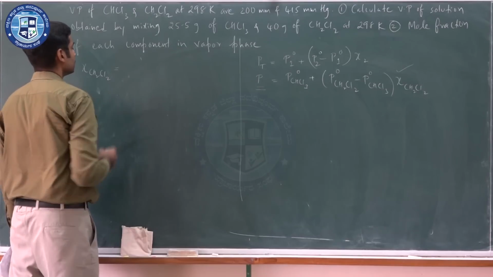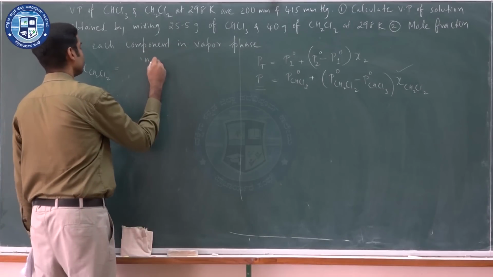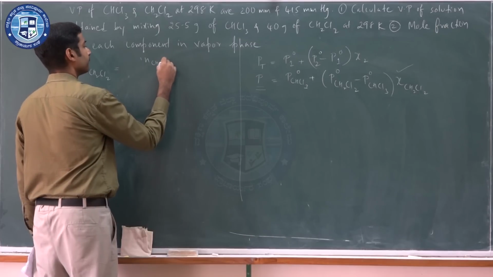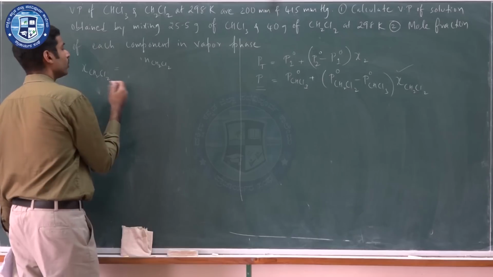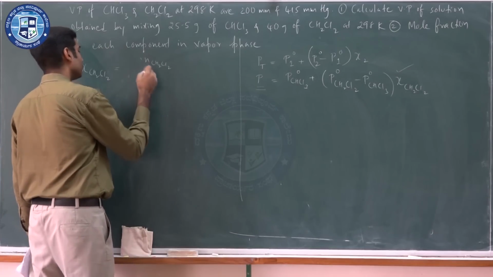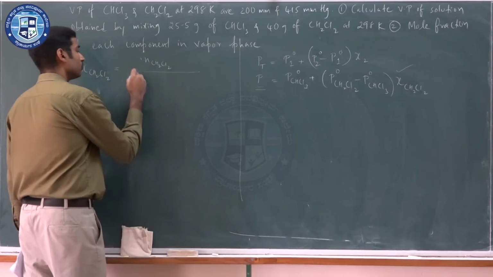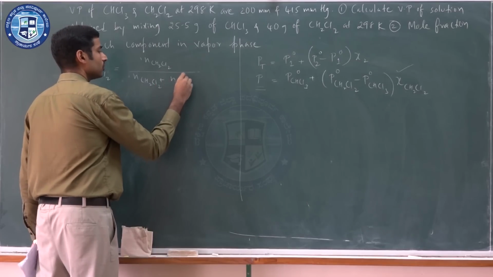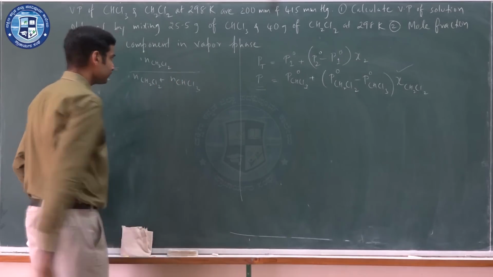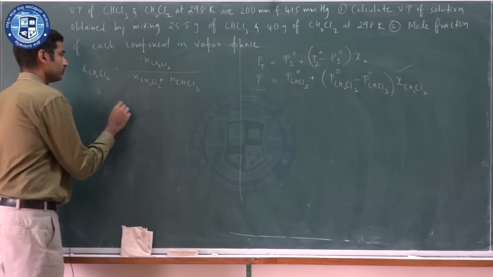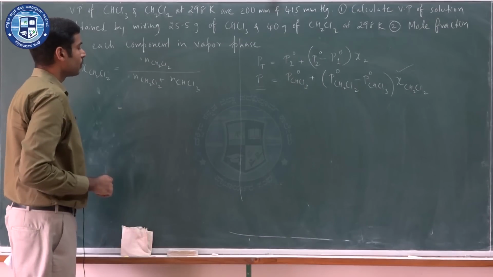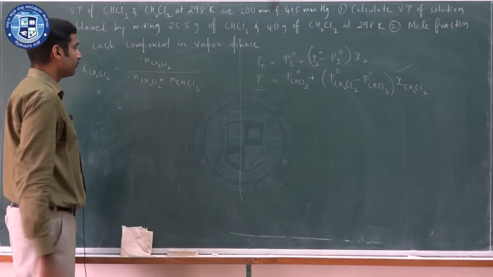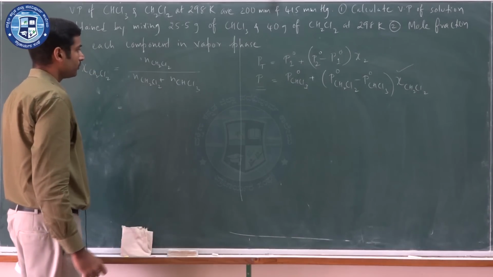How do you get this? Mole fraction of any component is given by the number of moles of that component divided by the total number of moles. Total number of moles will be the number of moles of dichloromethane plus the number of moles of chloroform. Now, how do you get the number of moles of dichloromethane or chloroform?